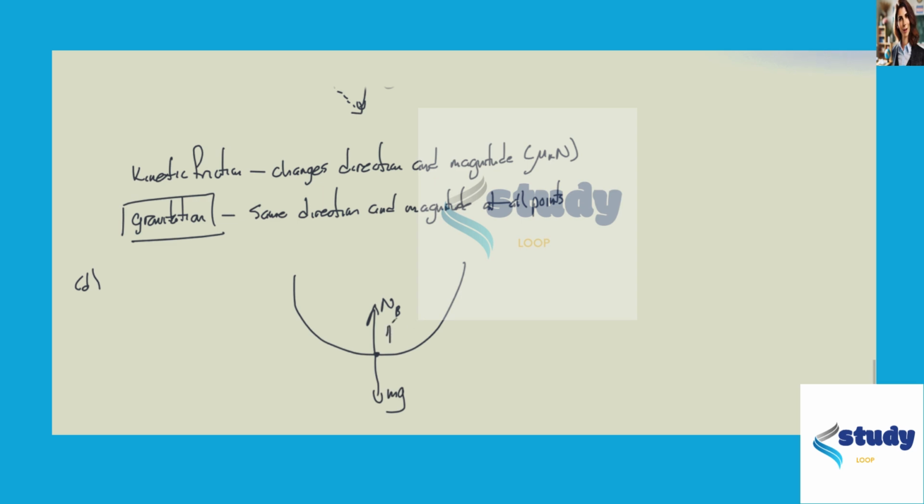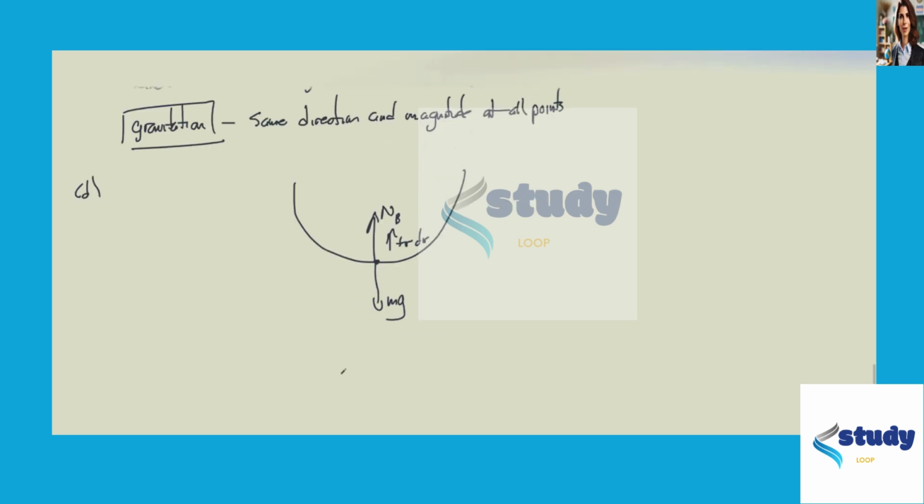The plus r direction is going to be toward the center of the circle. So F net r is NB minus mg equals mvB squared over r. So solving for NB, it's m times g plus vB squared over r.